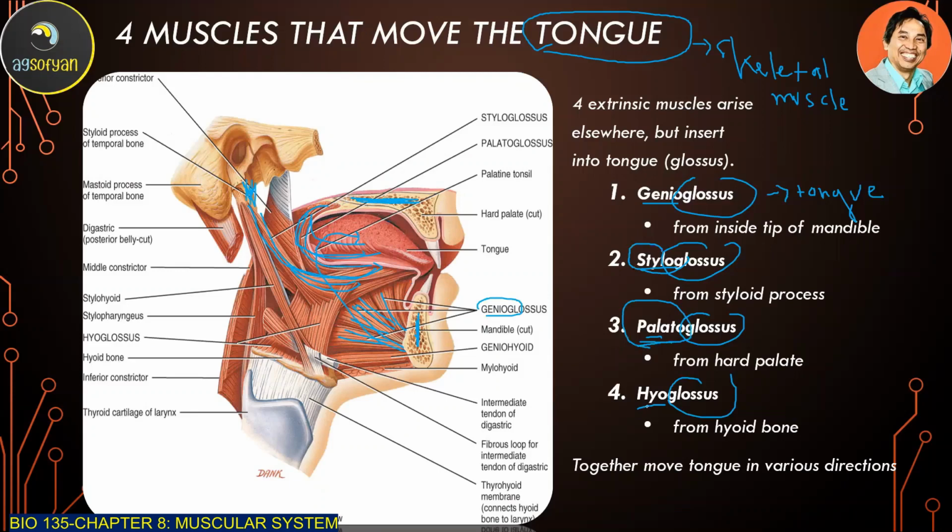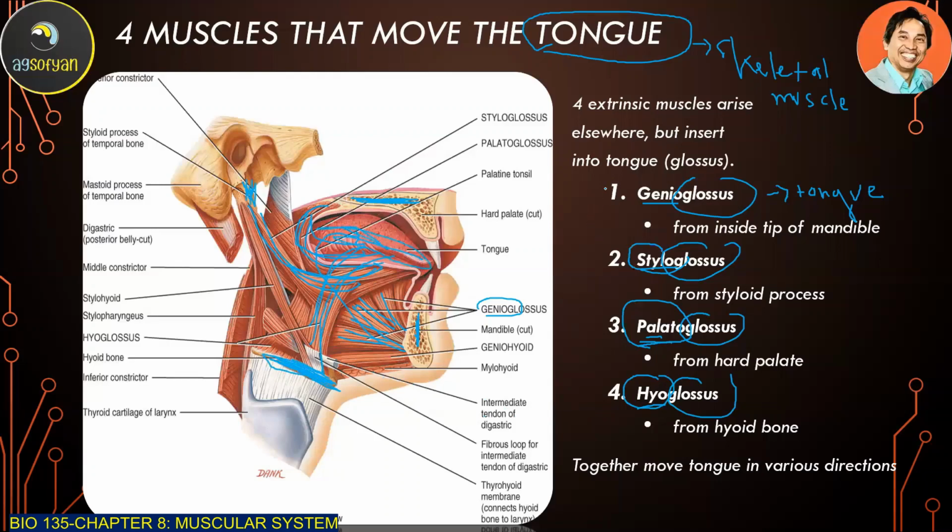And the last one is hyoglossus. Remember, there is the hyoid bone in our neck. And this is the only bone that is not connected with other bones. So when the muscle starts from this hyoid bone and goes to the tongue, this is the muscle that we call the hyoglossus muscle. It originates from the hyoid bone, making these tongue muscles.